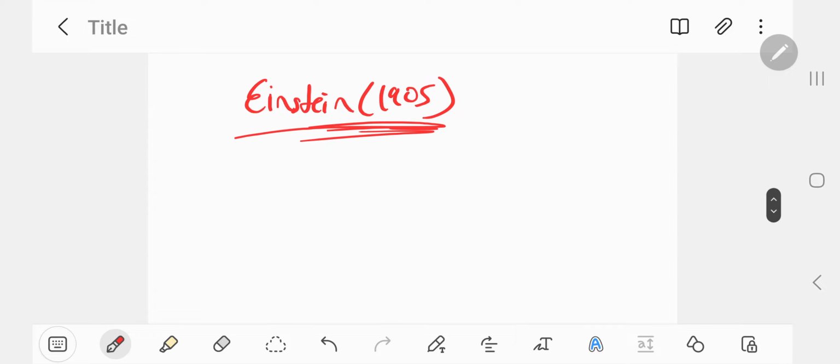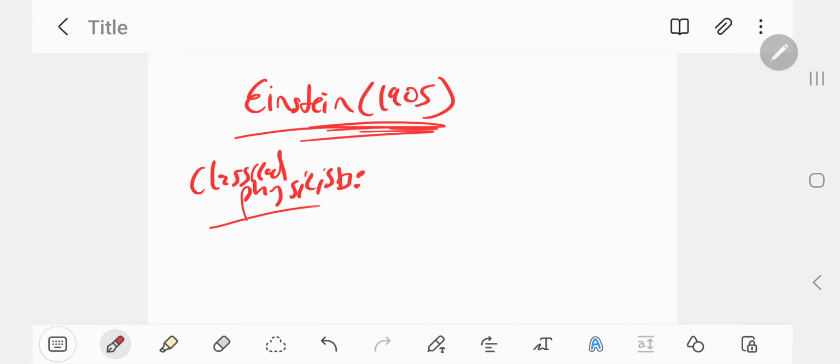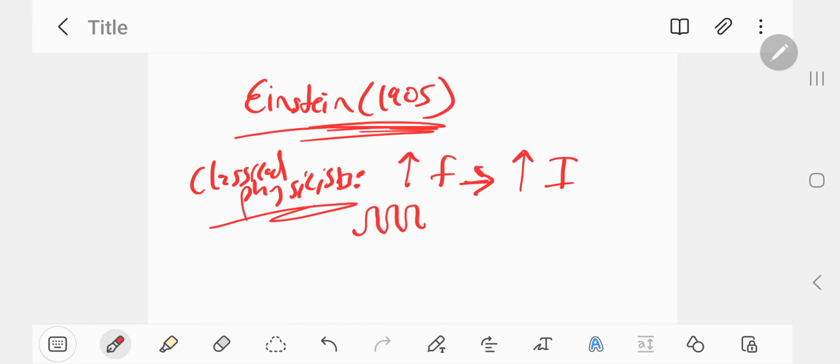And here's how Einstein explained it. Actually, before that, I'm going to go back to classical physics briefly. What the classical physicists were unsuccessful in was the following. They believed that by increasing the frequency of light, you should get more current. So higher frequency, more current. High frequency means high energy.